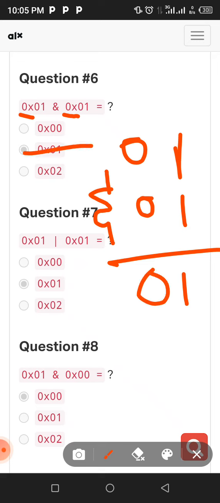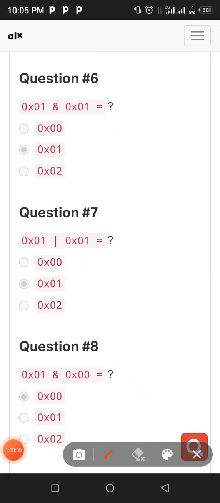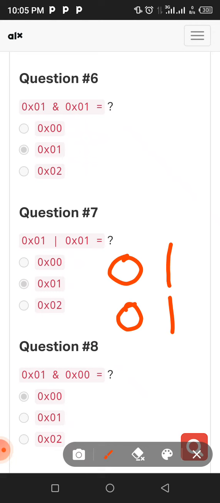So for the next one, we have the same thing too with the OR sign. So we have 0, 1, then 0, 1. So this one is anyone, at least one. Just make sure you have a pen. So either you have the pen or you kind of have the pen.